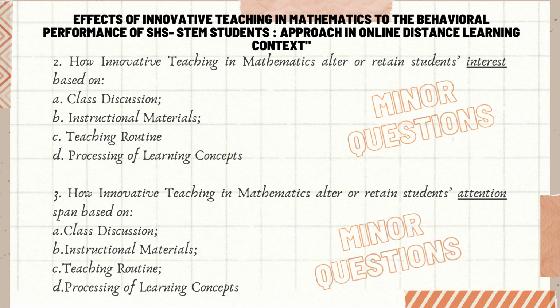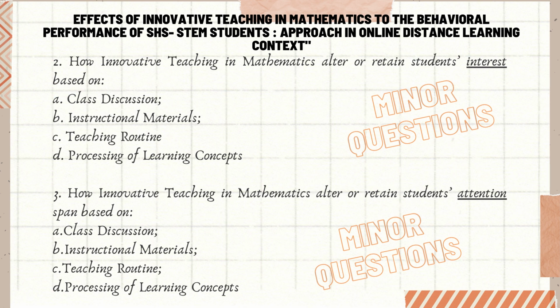Now next is the second question. How does innovative teaching in mathematics alter or retain students' interest based on A. Class discussion, B. Instructional materials, C. Teaching routine, D. Processing of learning concepts. Number 3.